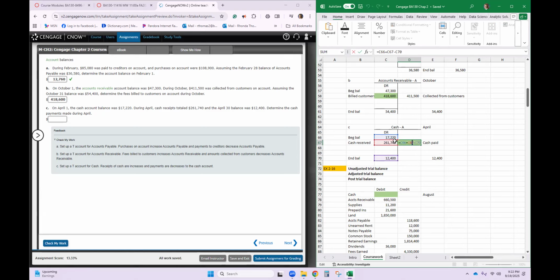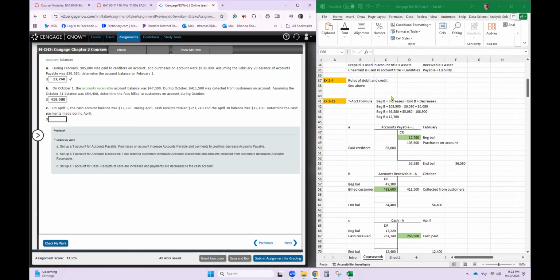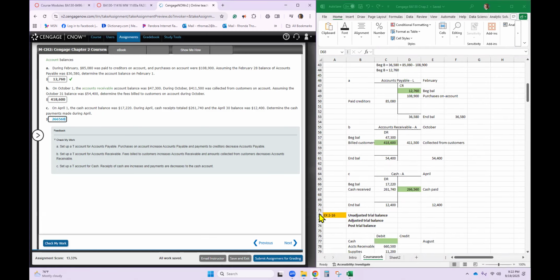I add these two and subtract the ending balance to find how much cash went down. This is the decrease in cash, and this is the increase in cash. If you want to follow this formula, whichever one you're trying to find, you have to isolate it because you have to have the other three. So 266,560.